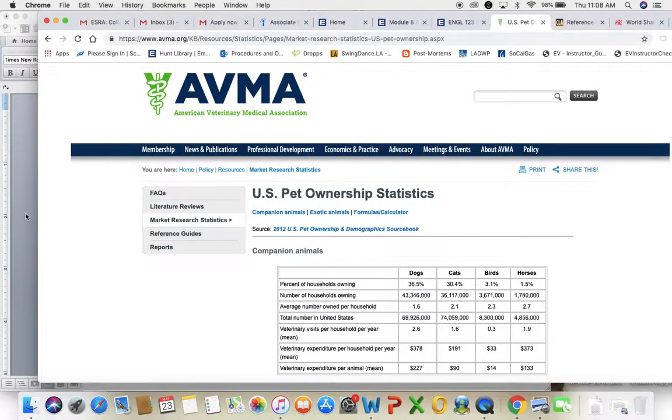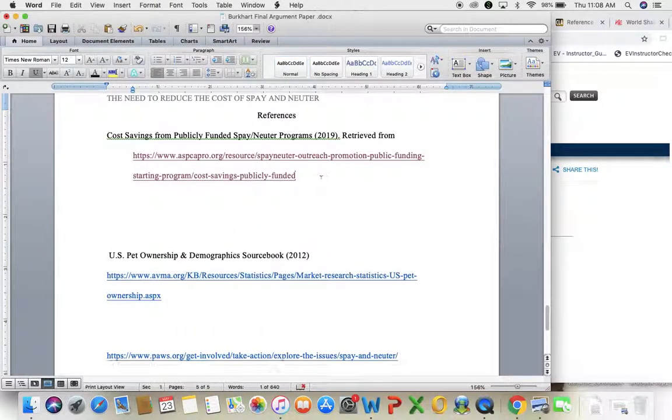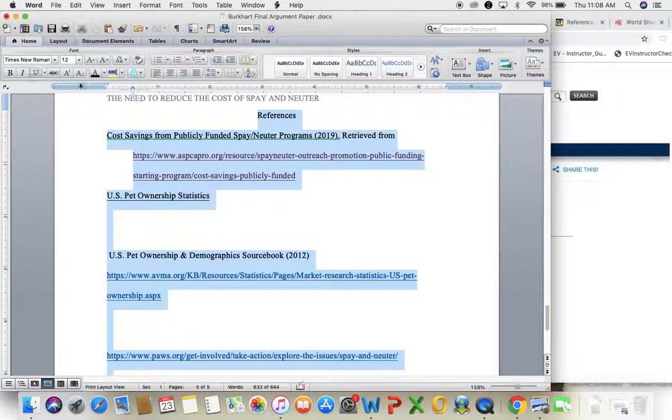So U.S. Pet Ownership Statistics, and I'll change that underlining in a second. We don't want anything underlined. There we go.